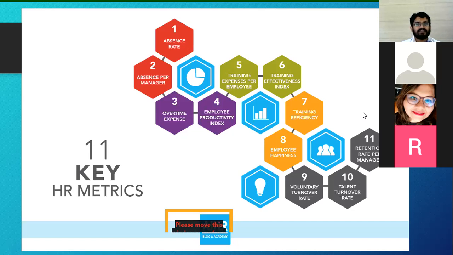What is important here? Being effective or being efficient? Both have to be there. You have to do the right things in the right way. You have to do the right things, that means you are effective. In the right way, that means you are efficient.